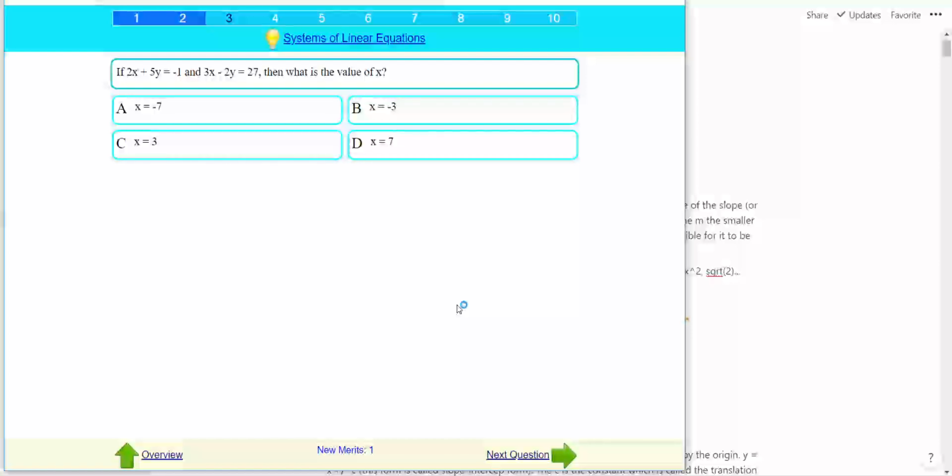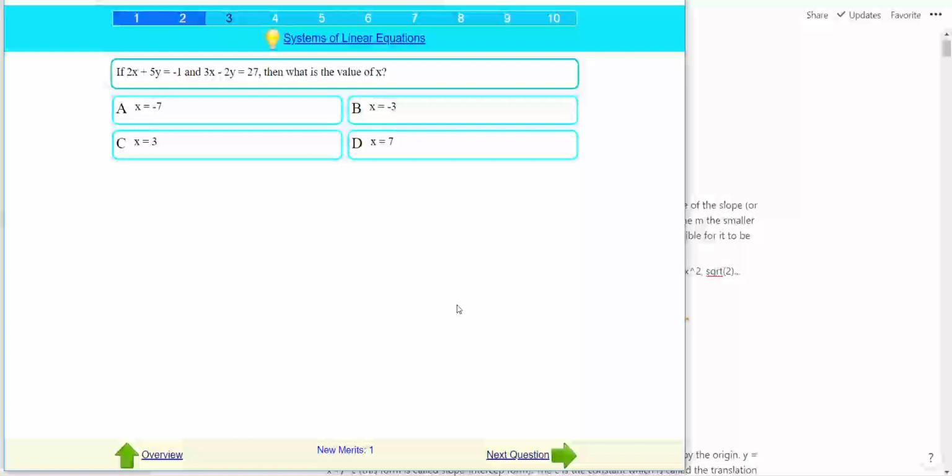But they're asking for the value of x. So y would equal -3. This should be easy to substitute one on the other.